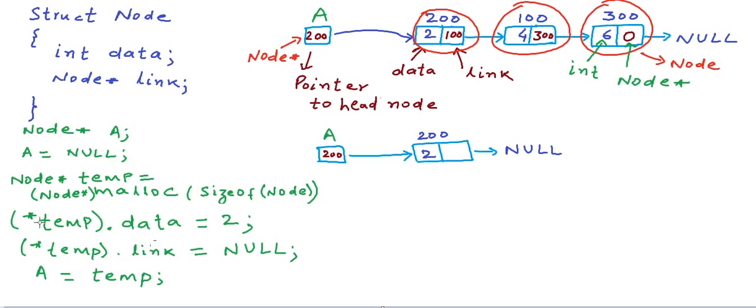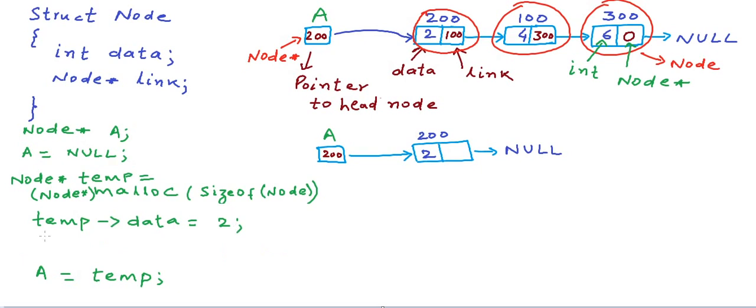Instead of writing something like star temp bracketed dot data, we could also write temp followed by this arrow and data. We will have two characters to make this arrow, one hyphen and one right angular bracket. So we can write something like this, and the same thing below we can write something like this.